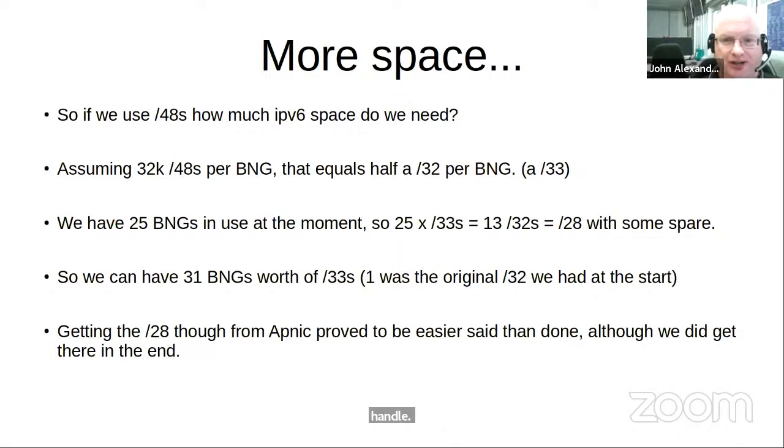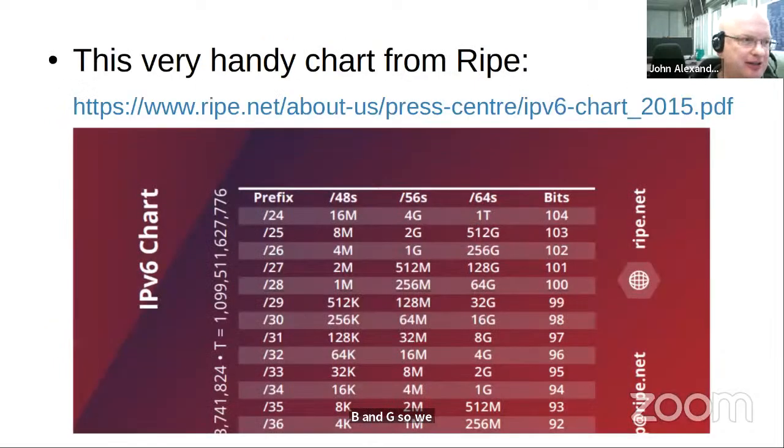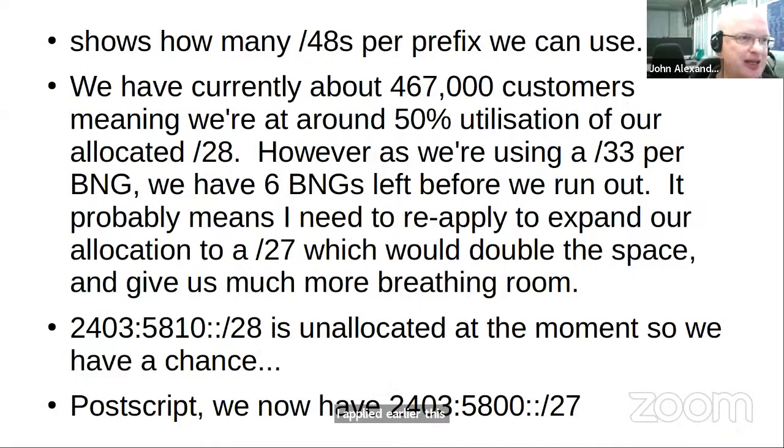So I applied earlier this year for a /27, and that would give us the capability of having 2 million /48s. At the moment with a /28, you could have a million /48s, so a million end users. We're going for 2 million, so we really shouldn't run out anymore. So I applied for that.